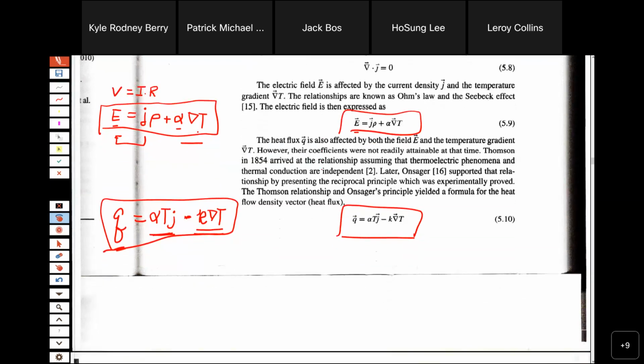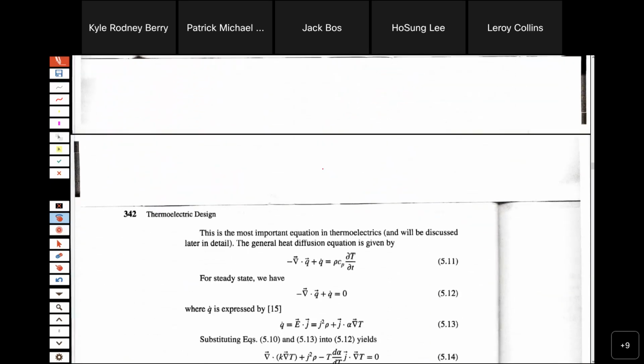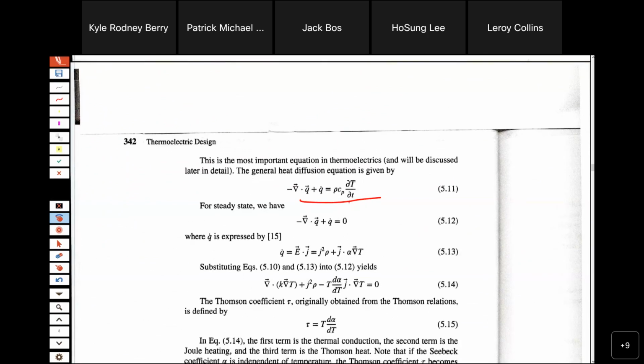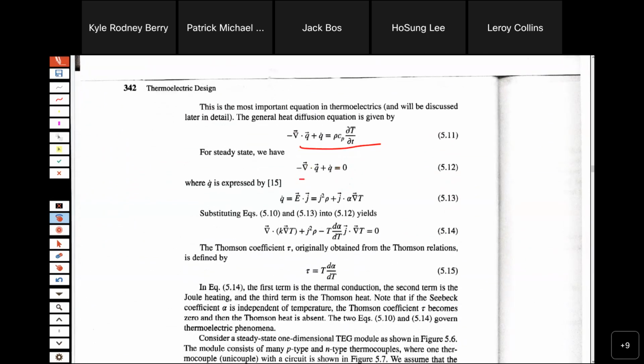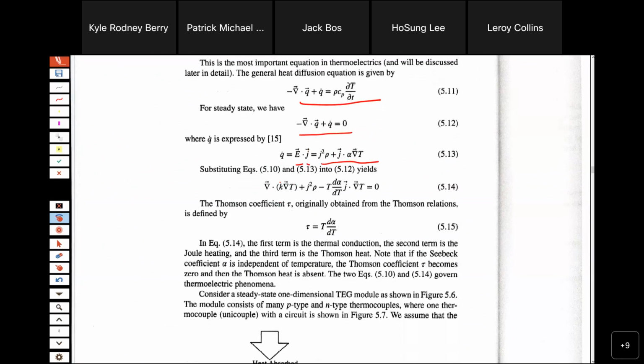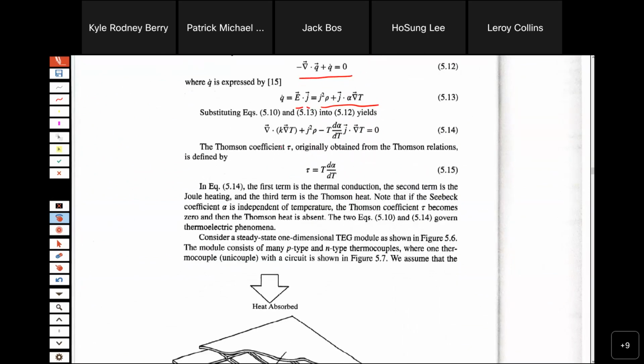So combining this with the heat diffusion equation in steady state with heat generation, it turns out to be this. Plugging in, this is the final heat diffusion equation, including Seebeck.